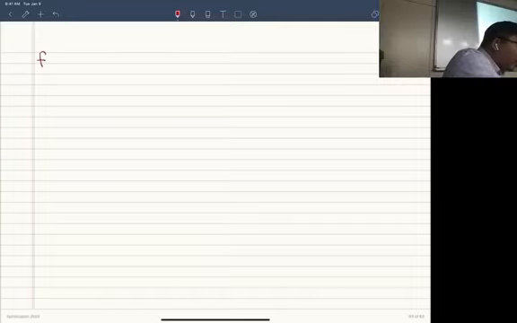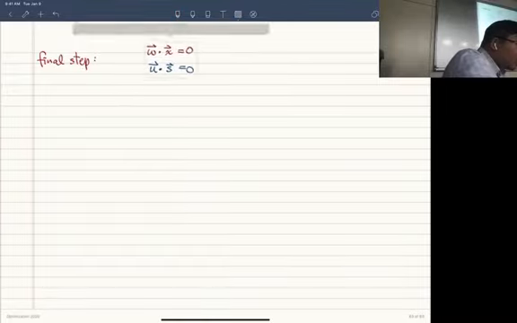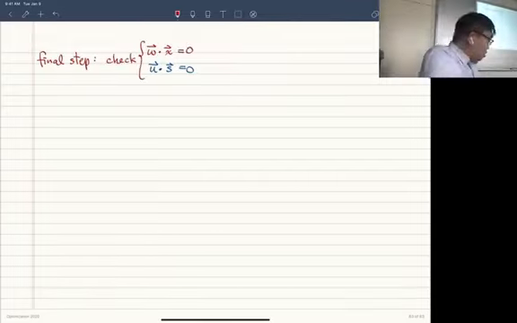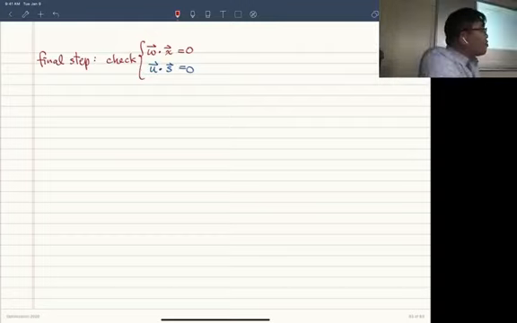So the final step is to check these two equations. But of course, it's possible that your solution doesn't satisfy those. It's very possible.